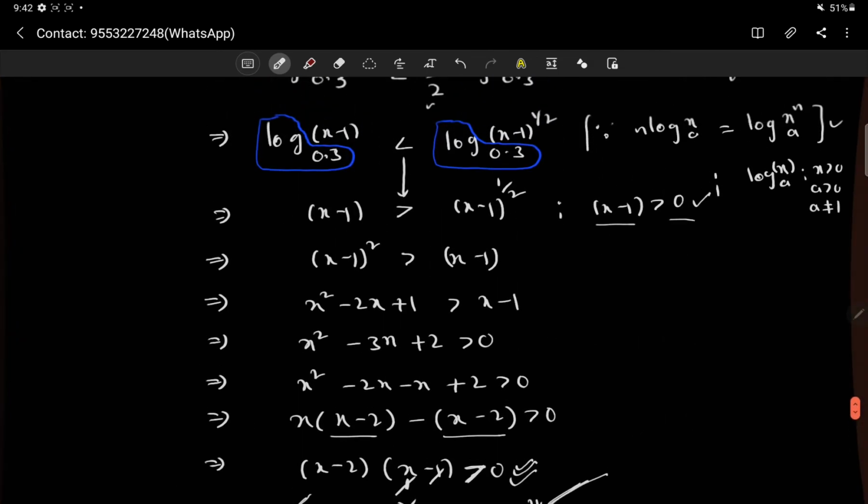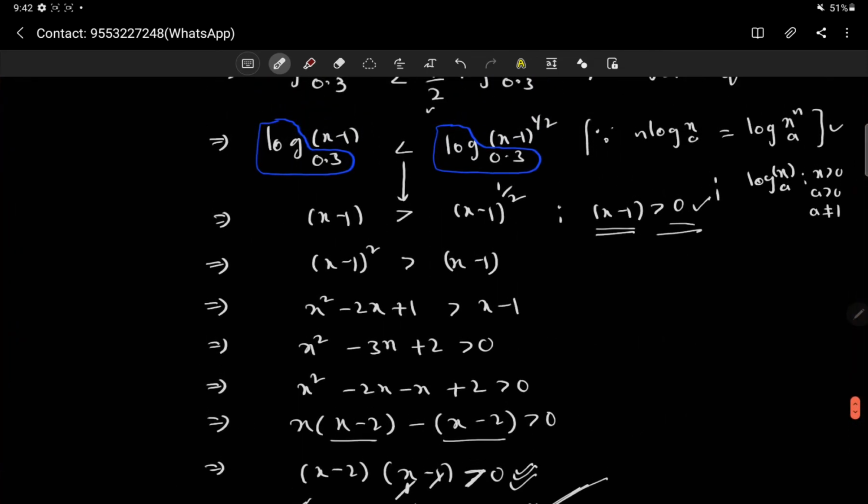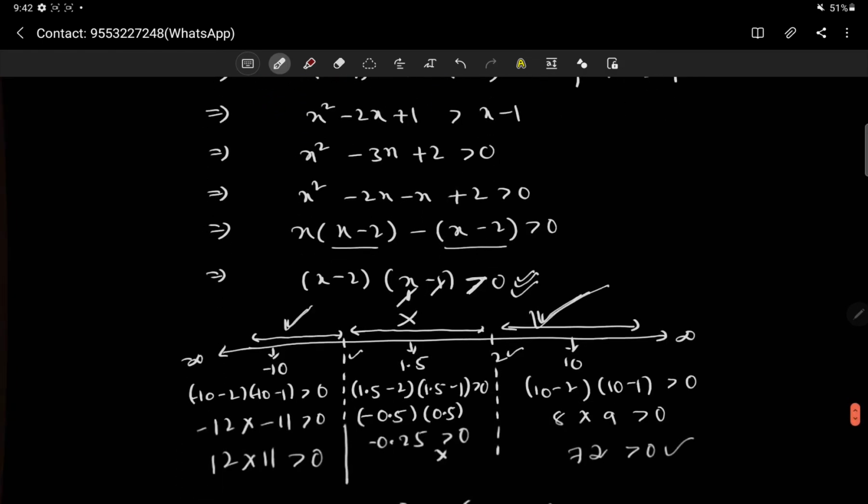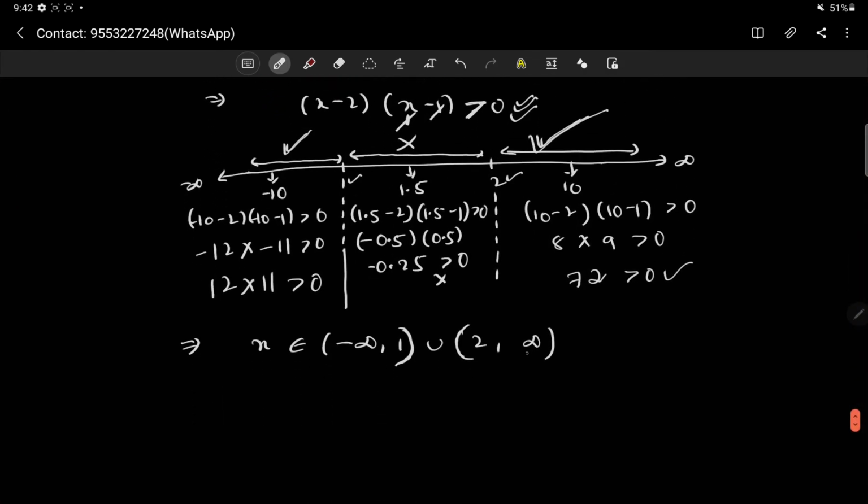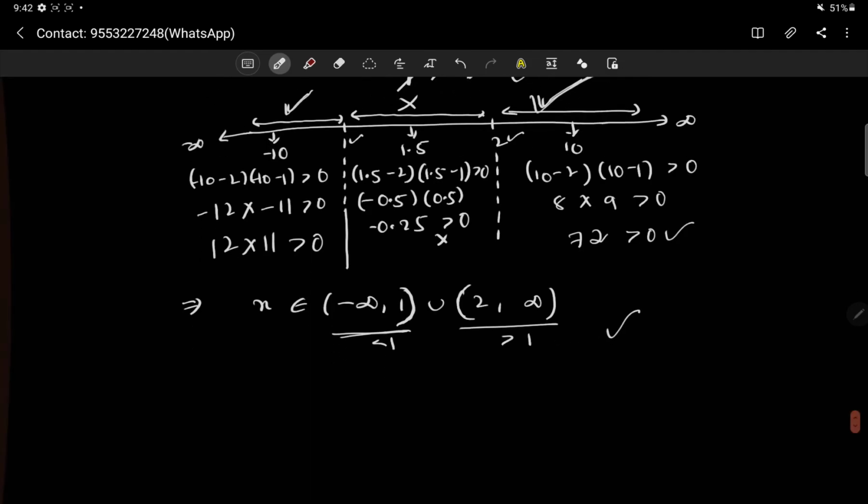But you see here, based on this condition, x minus 1 is greater than 0. That means x should be more than 1. More than 1 means, see here, these values are less than 1 and these values are more than 1. So that's why these values can be taken.